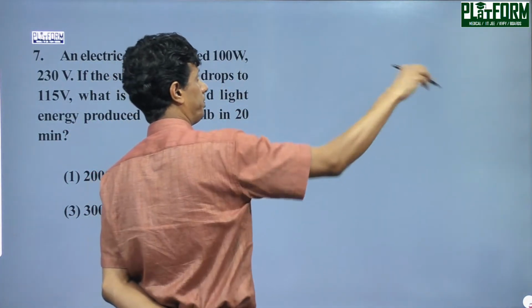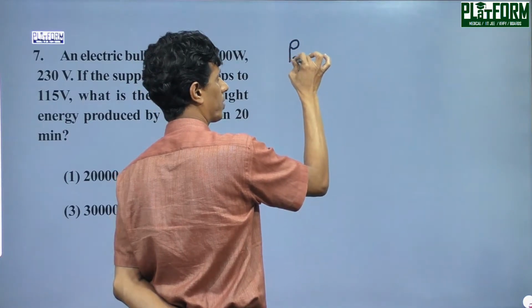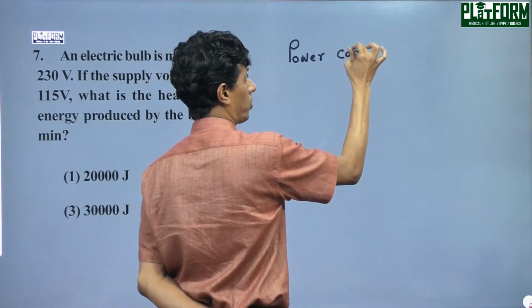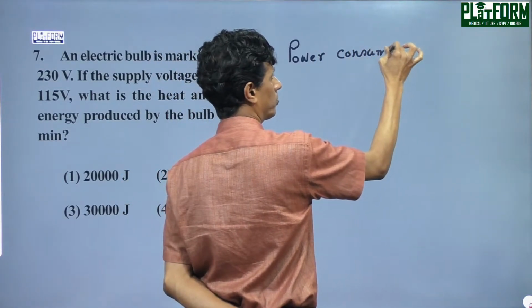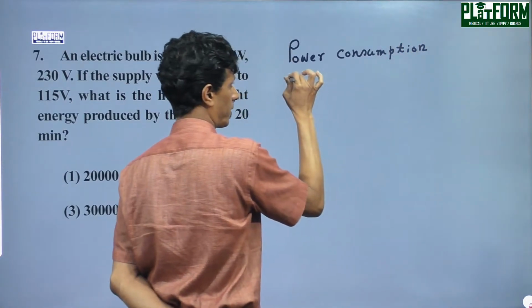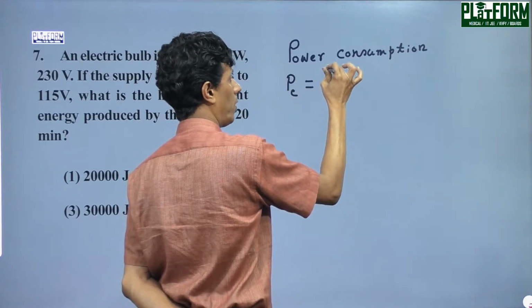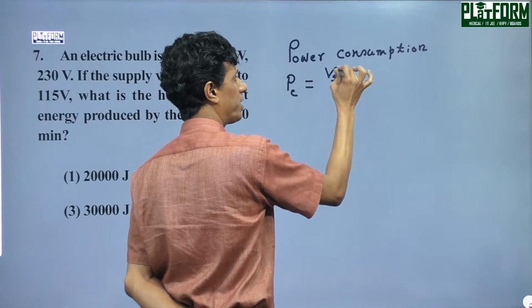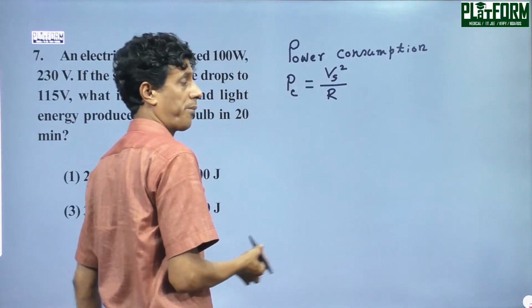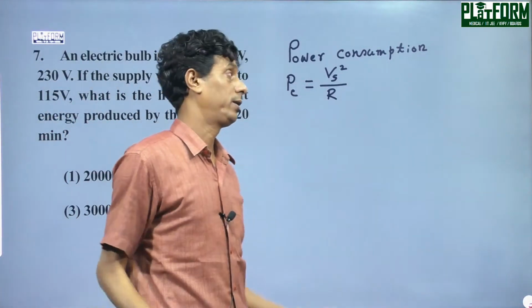You know, the power consumption PC equal to supply voltage square by resistance R. That is the resistance of the coil.